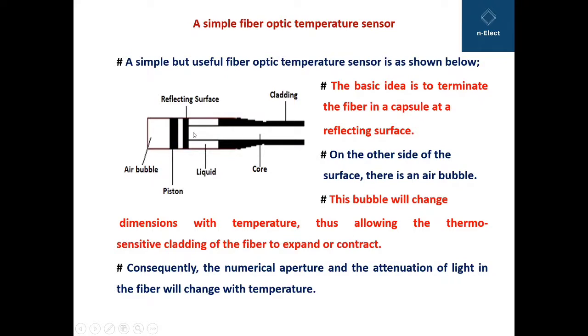Because of the temperature of the material which is being sensed, the dimensions of the bubble will change, so the cladding will expand or contract, the aperture will change, and hence the light which will be reflected will have attenuation, and from that attenuation the temperature can be sensed. So this is how the temperature of the material or the surroundings can be sensed with different thermal sensors.